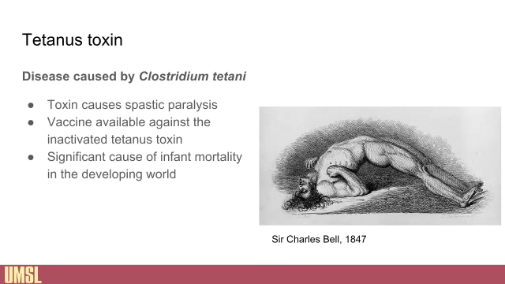And it's still a significant cause of infant mortality in the developing world. So this is one of the global efforts of getting large populations throughout the world vaccinated against particularly nasty bacterial toxins.